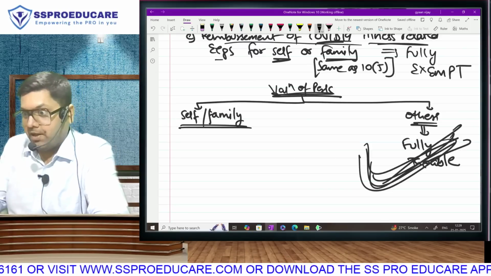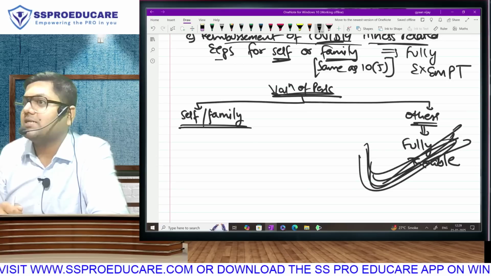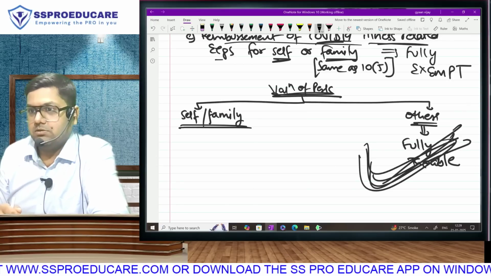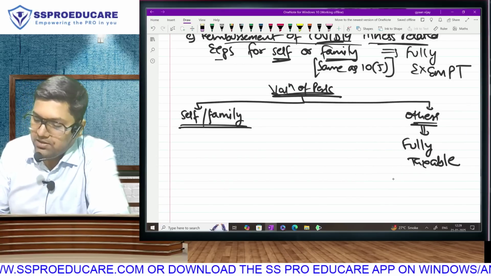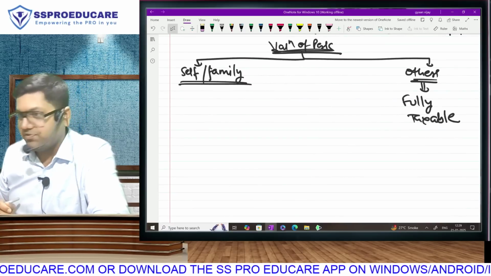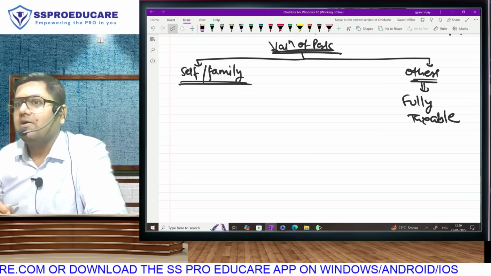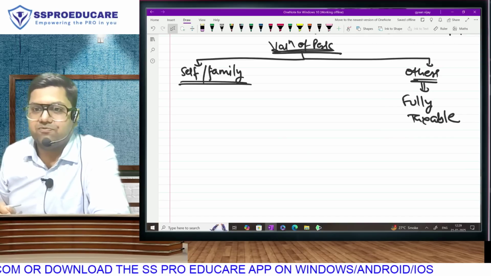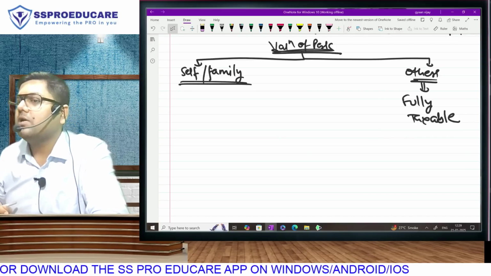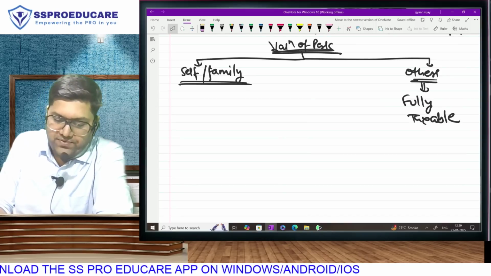The boss can pay for your parents, siblings, even if they are independent, for your grandparents, grandchildren or in-laws. Such payments are going to be fully taxable. If there is any exemption provided in the perquisite chart, it is only if the patient falls in the definition of family. If the patient does not fall in the definition of family, then it is going to be fully taxable. Is that clear? Fantastic.